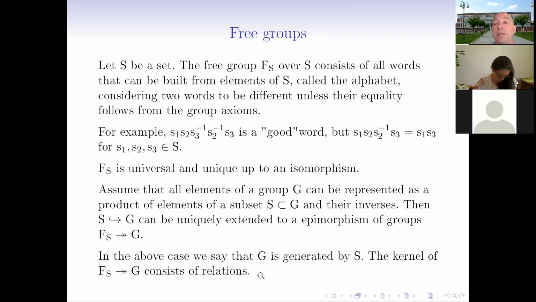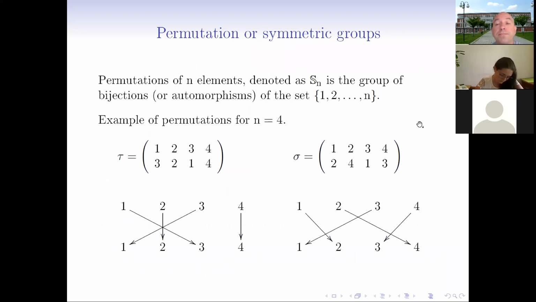But inside G, there might be some relations. We'll see some examples of them. So it means that the group G is the quotient of the free group. If G is generated by some subset S, then G is the quotient of the free group generated by the same subset modulo some relations. And we'll see examples. So another example of a group is the permutation, or symmetric, group.